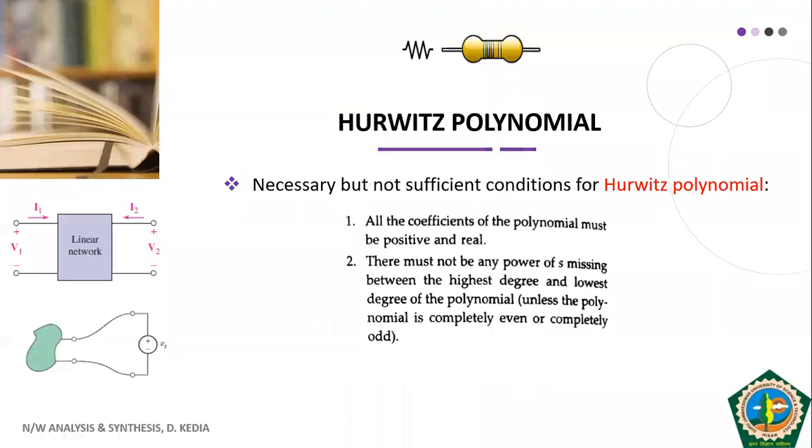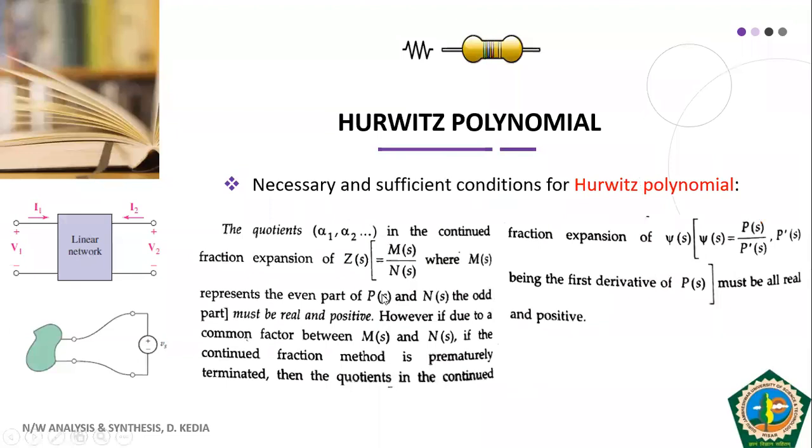Whereas if these conditions are satisfied, then we move to the necessary and sufficient condition, where we had used the concept of continued fraction expansion, and the quotients of that continued fraction expansion were required to be positive. If those quotients are real and positive, we could say that the polynomial is a Hurwitz polynomial.